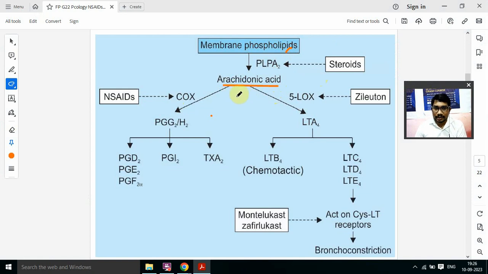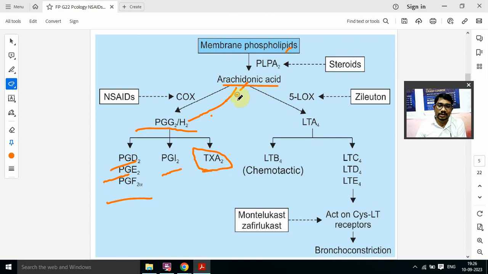पहला देखिए, arachidonic acid is converted into prostaglandins, that is PGG2, PGH2, prostaglandin D2, prostaglandin E2, prostaglandin F2 alpha, right? Then prostaglandin I2, then thromboxane A2. पहला step नहीं है, simultaneously भी होता है.